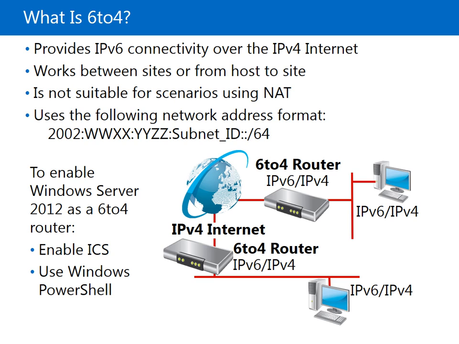We can go into our 2012 router. If it had 2 NICs, we could configure it as a router, and then we would enable 6-to-4 on that particular network. So the big thing here, in order to have IP6 working with IP4, is that the router is looking at the protocol and passing that on, and if there is a NAT service, a network address translation service, it will not work with that.